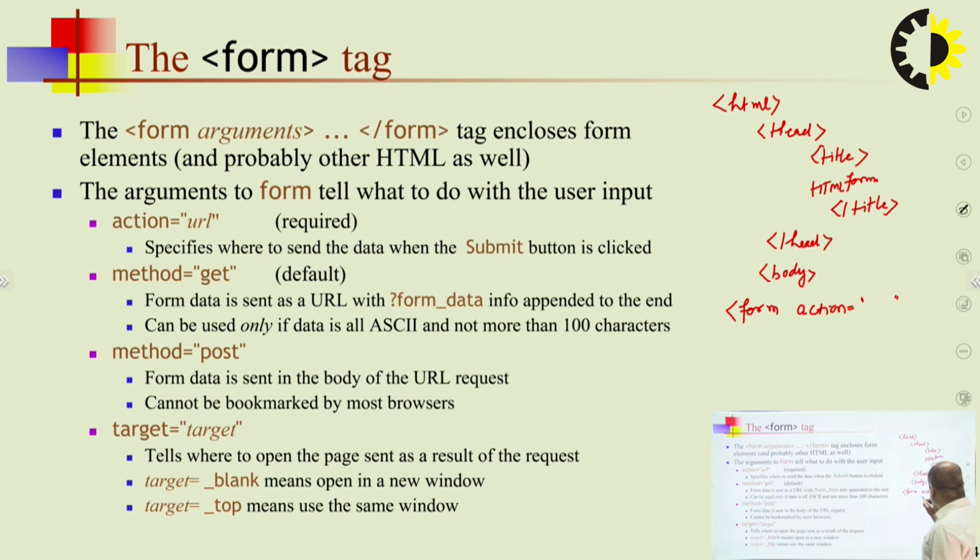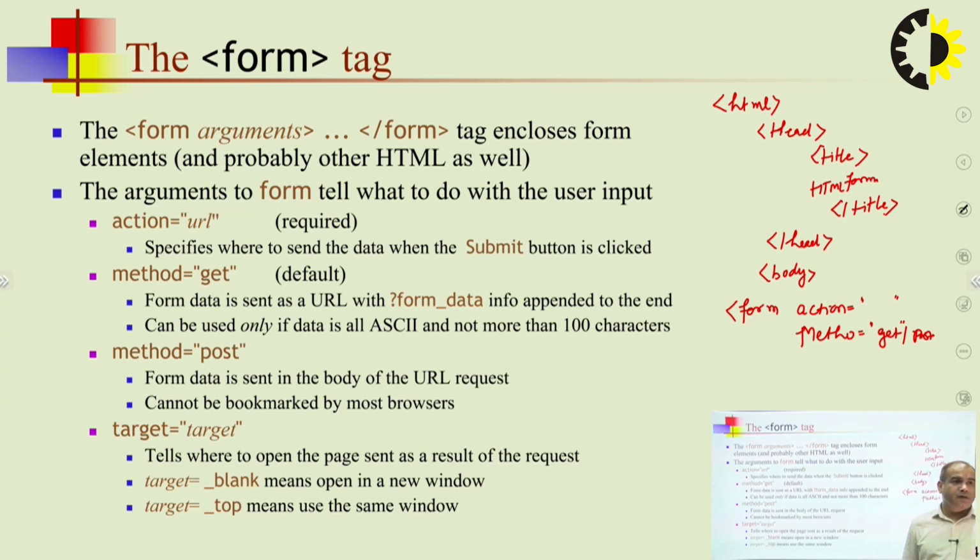The next attribute is method. Basically there are two types of methods. Either it will be get or it will be post. The get method is the default.